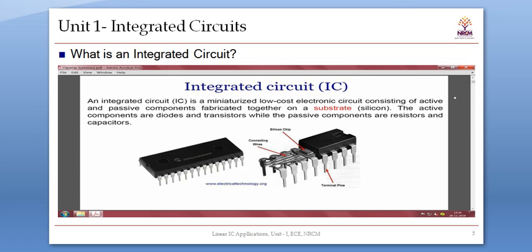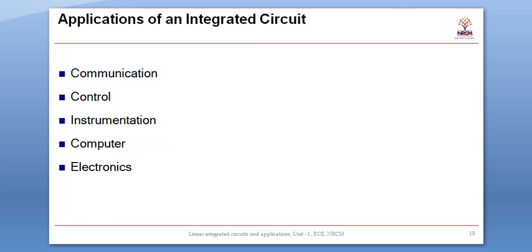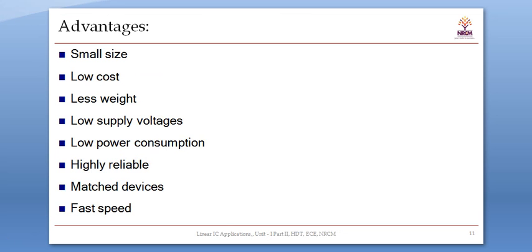So what are the applications of integrated circuits? They are used in communication, control systems as well as instrumentation systems. They are also used in computers and in many other electronic circuits. The advantages of integrated circuits are small size, low cost, light weight, and low power supply voltages.